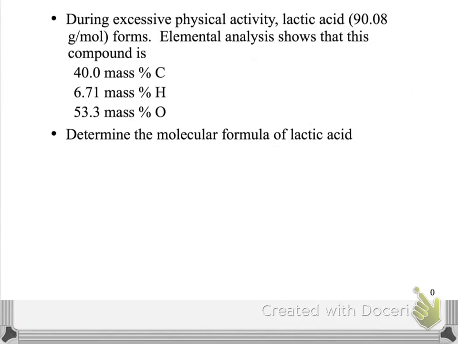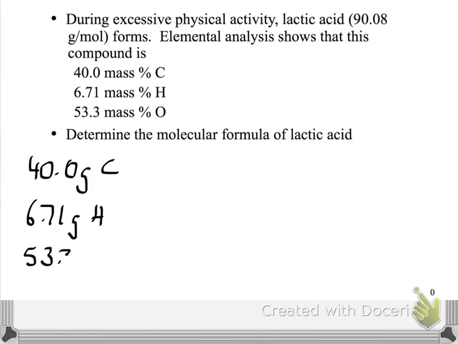The answer I'll put up here very briefly, starting with 40.0 grams of carbon, 6.71 grams of hydrogen, and 53.3 grams of oxygen.